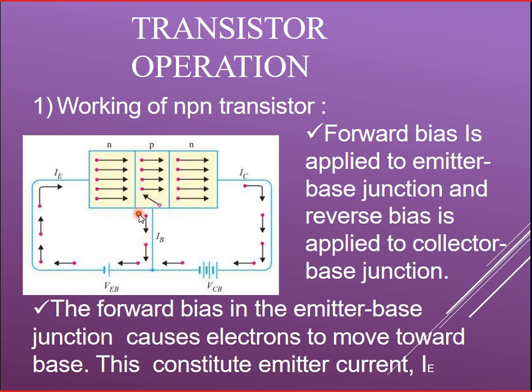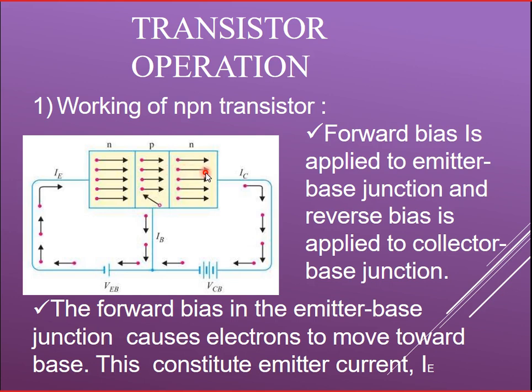Very few become recombined here, and from here very few electrons will come out, only one, as I told. So here 100 are crossing the first junction, and one electron is moving in this direction, and the remaining 99 electrons are moving in another direction.